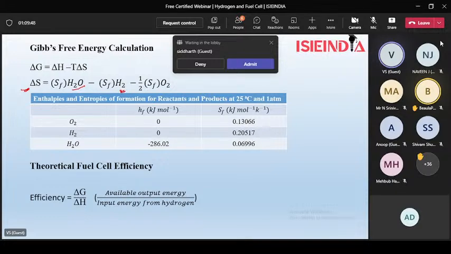So what is the entropy of this H2O? It's 0.06996 and minus that of H2, it's 0.5. So any of the participants can calculate.